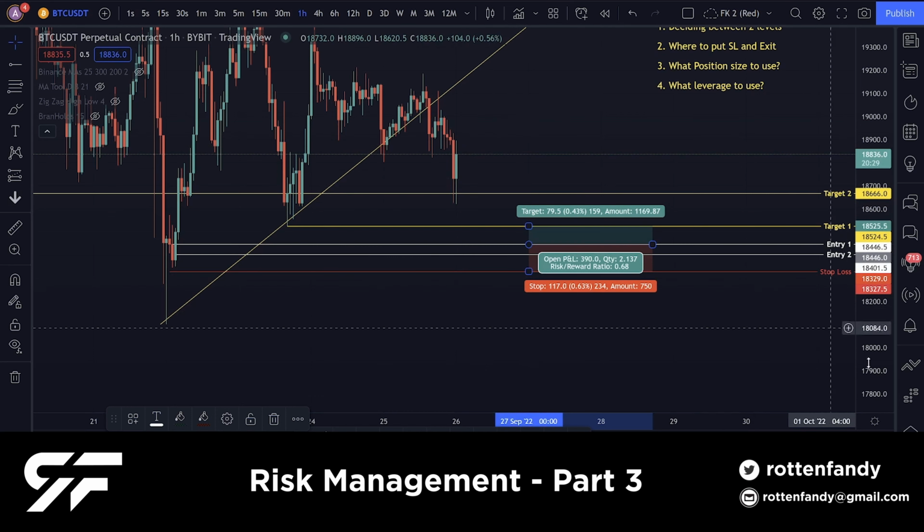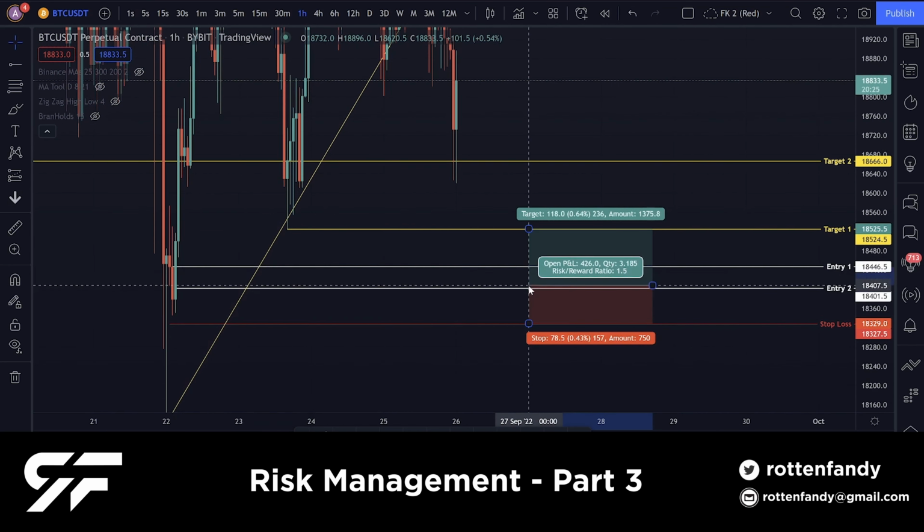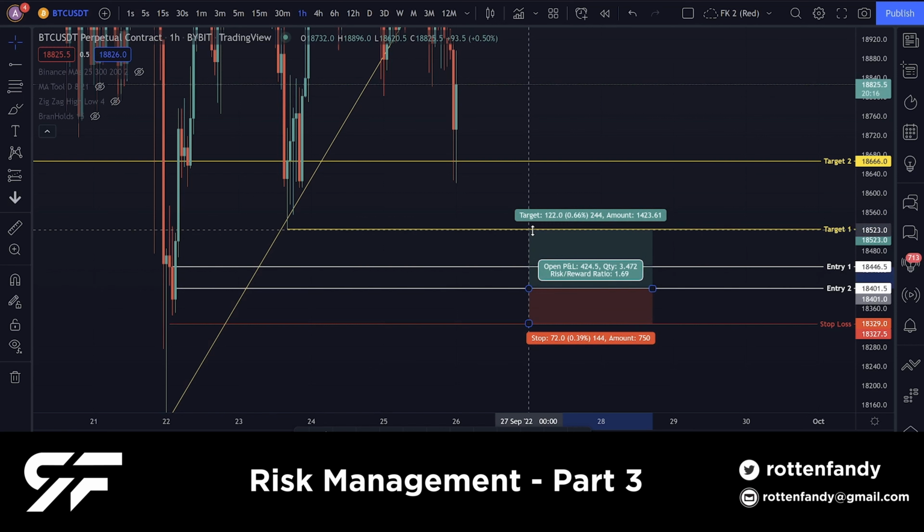In that case, what you should do is skip the first level and go with the second level. And if you end up taking an exit profit over here, it's perfectly fine, right? Because it's giving you 1.69.